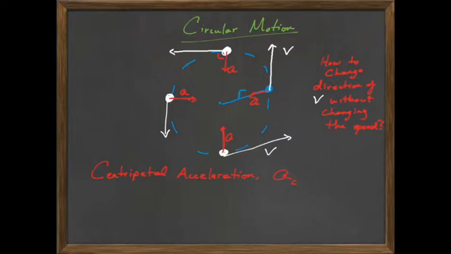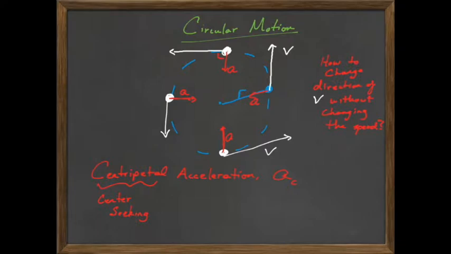The reason it's called this is because centripetal is a fancy way of saying center seeking. So when we say a centripetal acceleration, we're referring to an acceleration that's pointing towards, or seeking, the center. Same thing for a centripetal force: that's a force pointing towards the center.